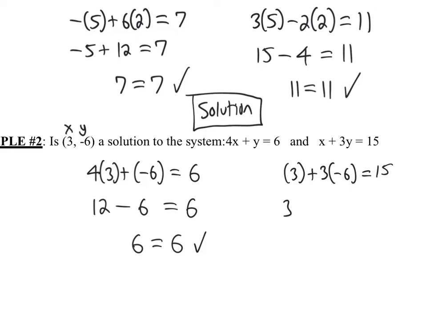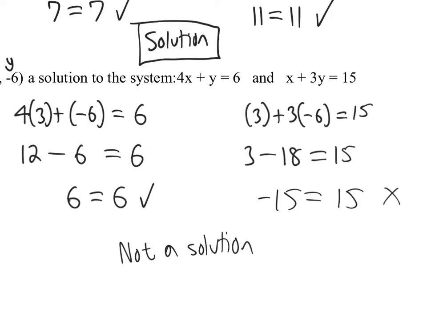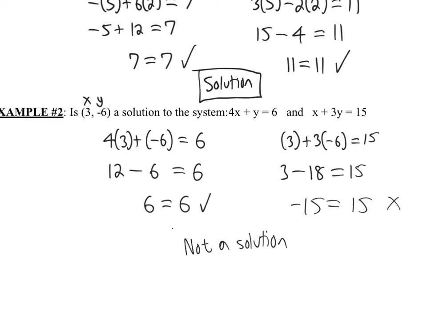Okay. 3, and then 3 times -6 is -18. Okay, and what's 3 minus 18? Well, that is -15. Now, does -15 equal 15? It does not, so this is not a solution. So if you were to graph these, they would not cross at (3, -6).